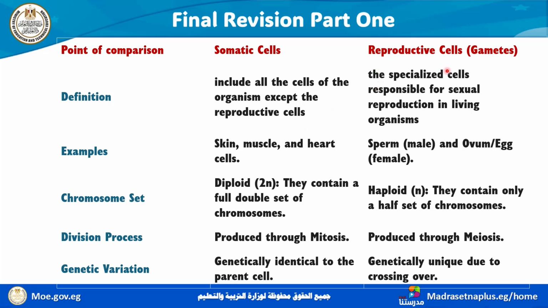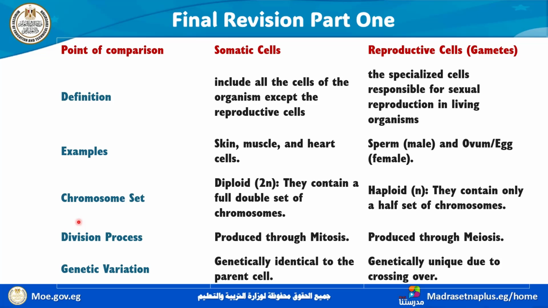The reproductive cells are the specialized cells responsible for sexual reproduction in living organisms. Examples of somatic cells: skin cells, muscle cells, heart cells, while the examples of gametes: the ovum in female and the sperm in male.